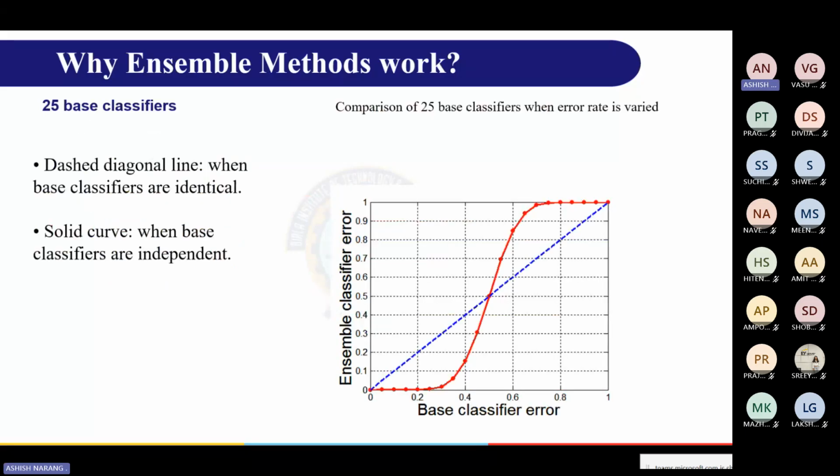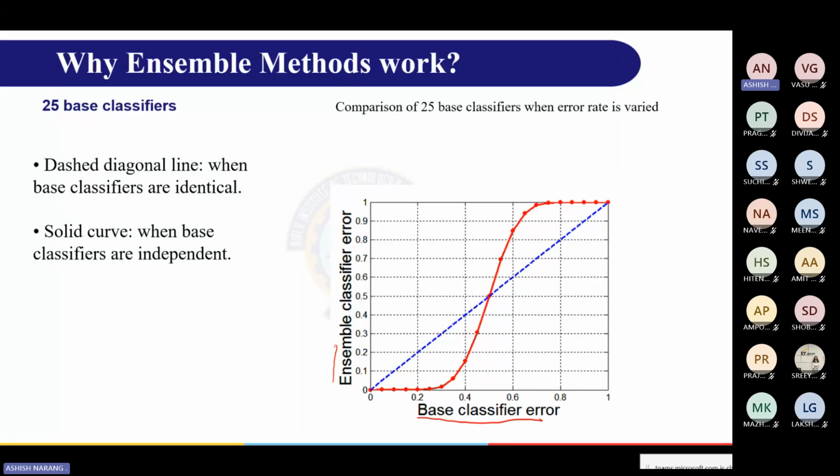Look at this comparison of 25 base classifiers when the error rate is varied. This is base classifier error, and this is ensemble classifier error. So this dashed line is when the base classifiers are identical, so the ensemble is also going to make the same error.